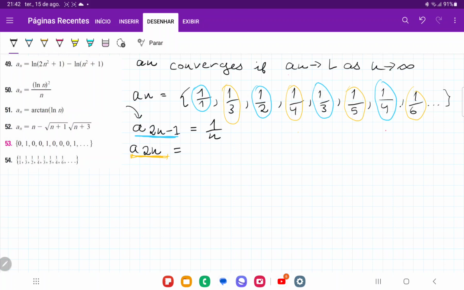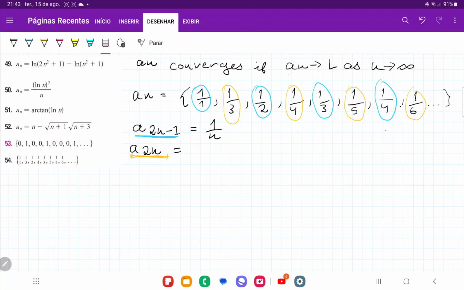It's only going to evaluate on the odd indexes. So 2 times 1 minus 1 is a sub 1. 2 times 2 minus 1 is a sub 3. 2 times 3 minus 1 is a sub 5, and so on. So this clearly matches for our odds.